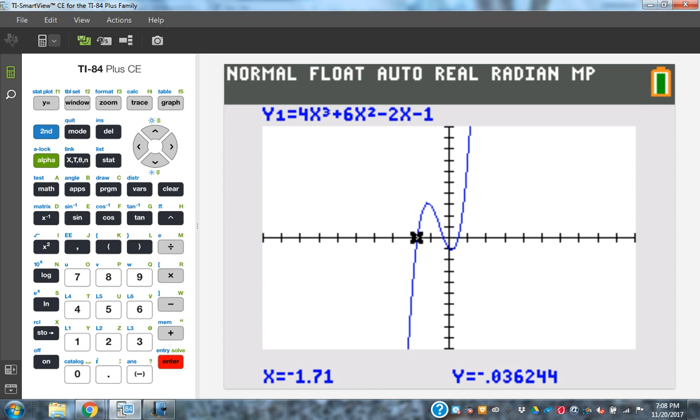Now, here's how it kind of works. You're not going to be given that all the time. They're going to give you a polynomial and say, find the zeros. Good luck. And they don't give you any information. But here's the thing. They give you a polynomial. You got a graphing calculator, right? You can graph it and see where it's crossing the x-axis.